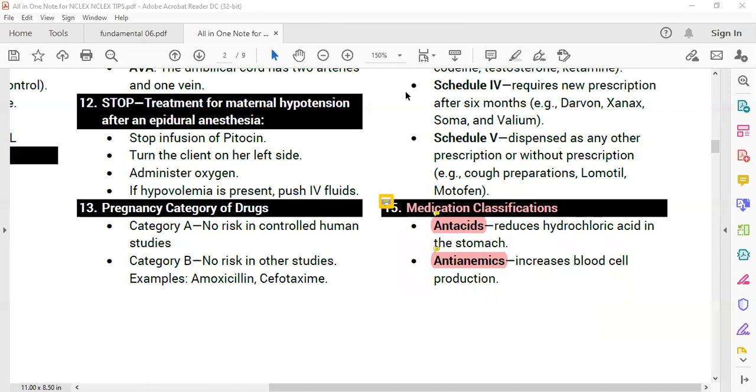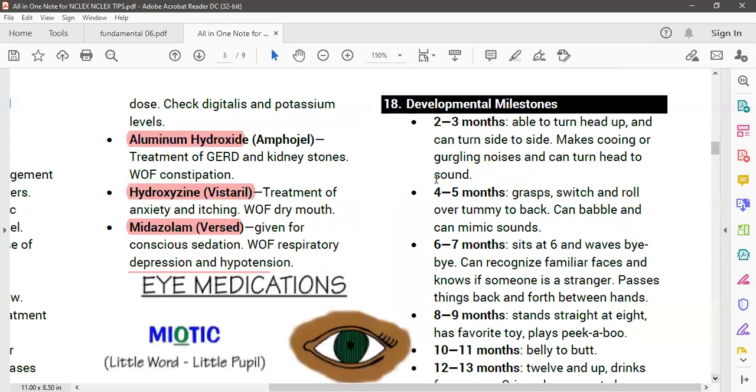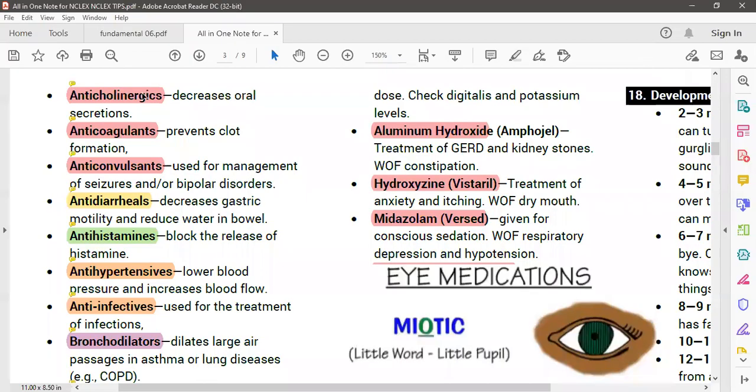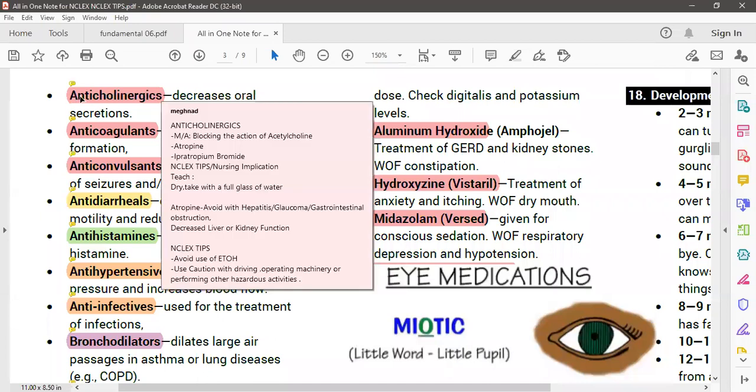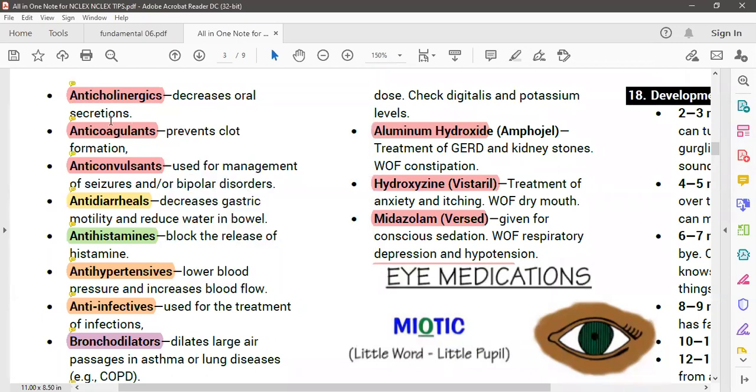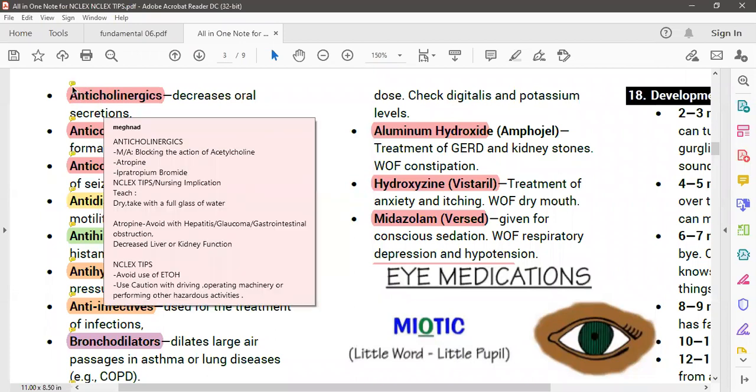What next? Now let me explain about anticholinergics. Anticholinergics decrease oral secretion.